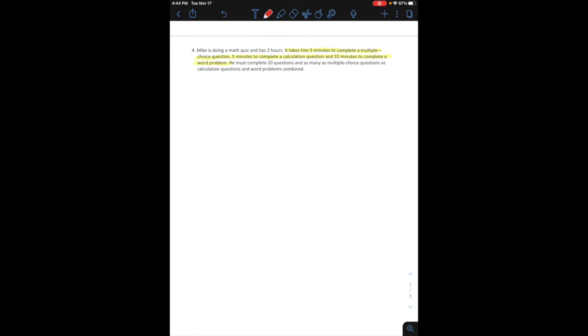In this case, the 3 different variables we have, I'm going to represent as x, y, and z, representing the multiple choice questions as x, the calculation questions as y, and the word problems as z. So this is going to help us make our 3 equations.